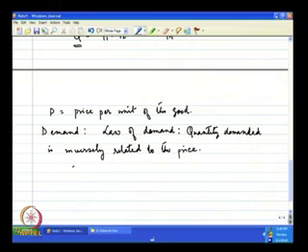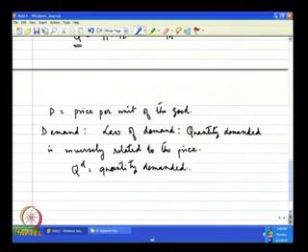So, suppose Q is quantity demanded. When we say Q is quantity demanded, QD is the quantity demanded in the entire market.